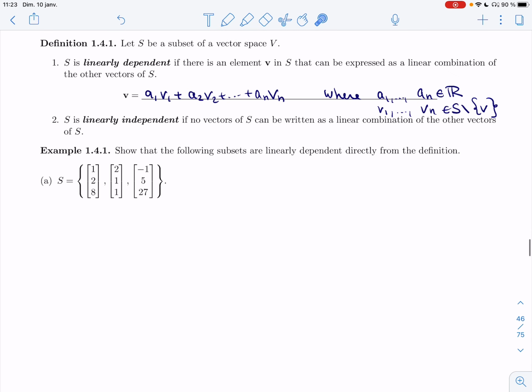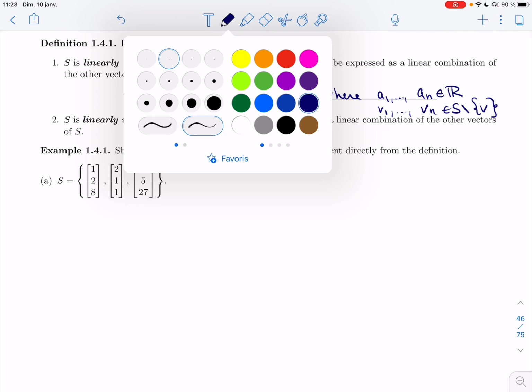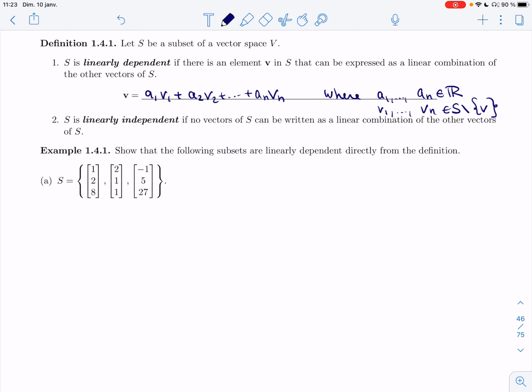I have three vectors. I have (1, 2, 8), (2, 1, 1), and (-1, 5, 27). I'm going to show that it's linearly independent using the definition. All right, so I need to try to write one element of S as a combination of the others.